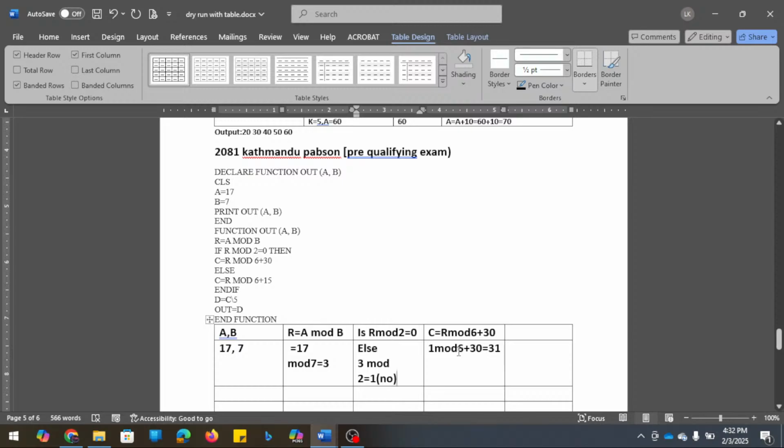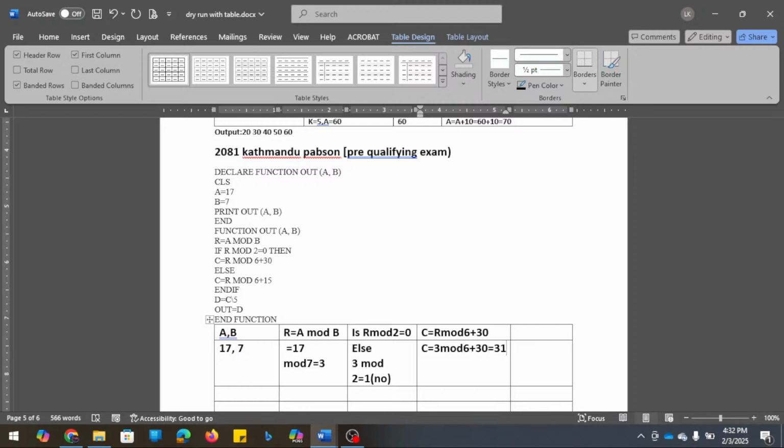So else part is C equals to R. R is 3 here. So 3 mod 6, that is again 3.